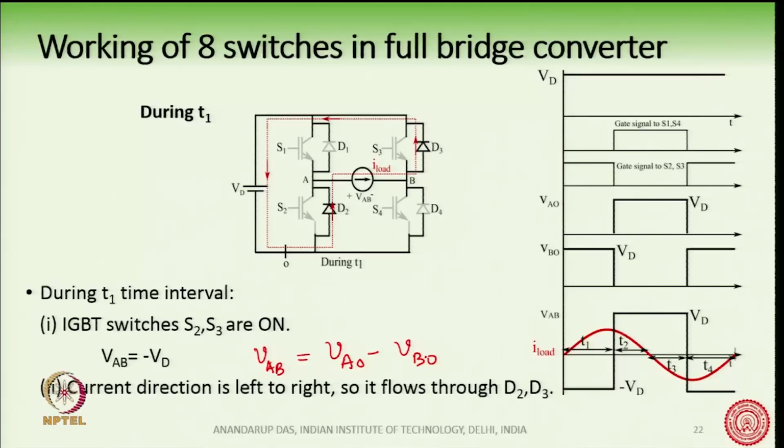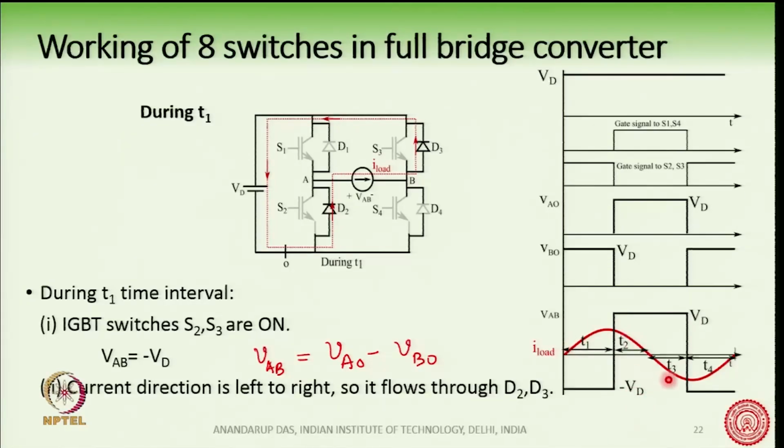So, if I subtract VBO from VAO in these two curves, I see that VAB voltage fluctuates between plus VD and minus VD here.